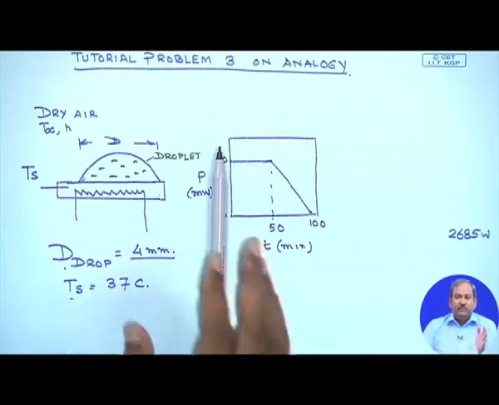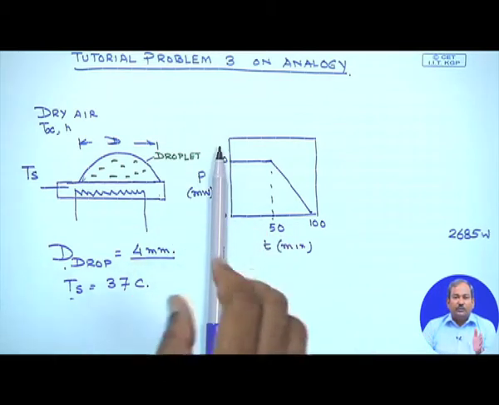There are two extreme types of cases which one would encounter in the case of a droplet drying on a surface. The liquid-solid-vapor interface, which is the contact line, the periphery of the droplet on the solid substrate, may remain fixed on the solid surface. That so-called contact line wouldn't move while the droplet is evaporating.